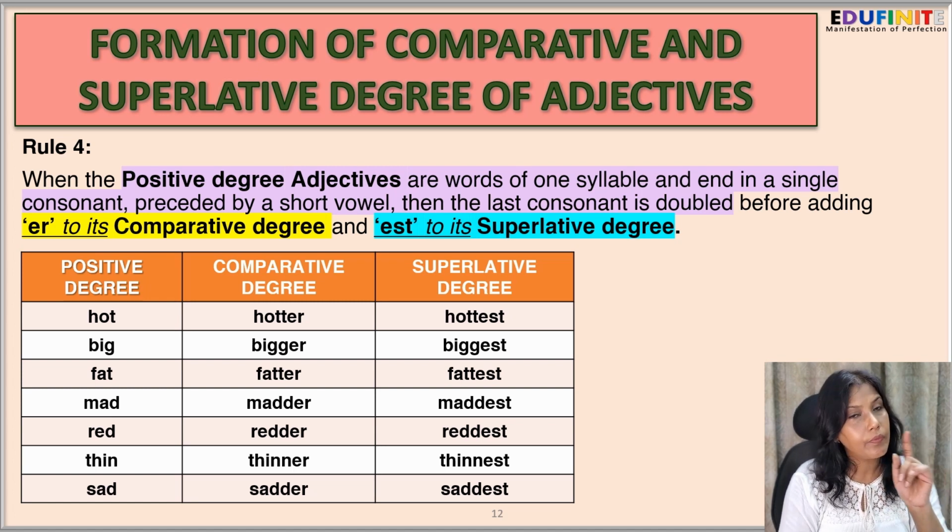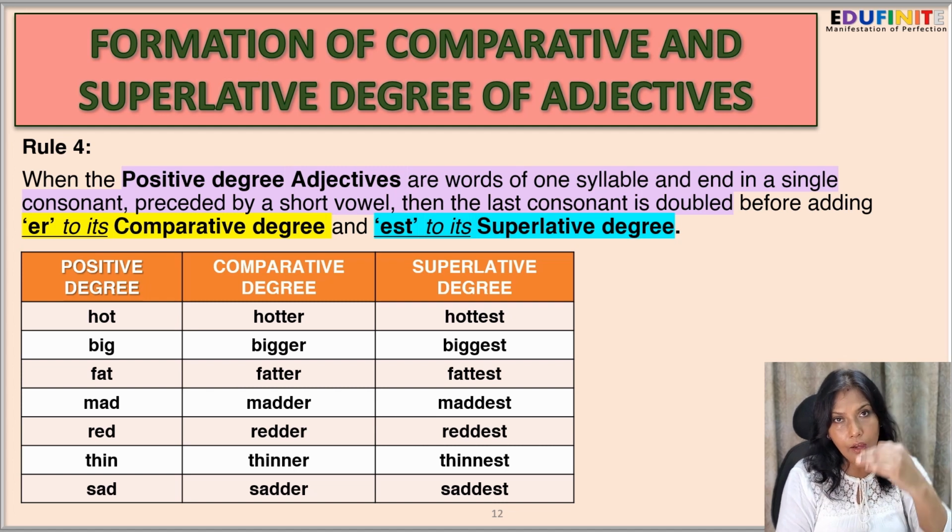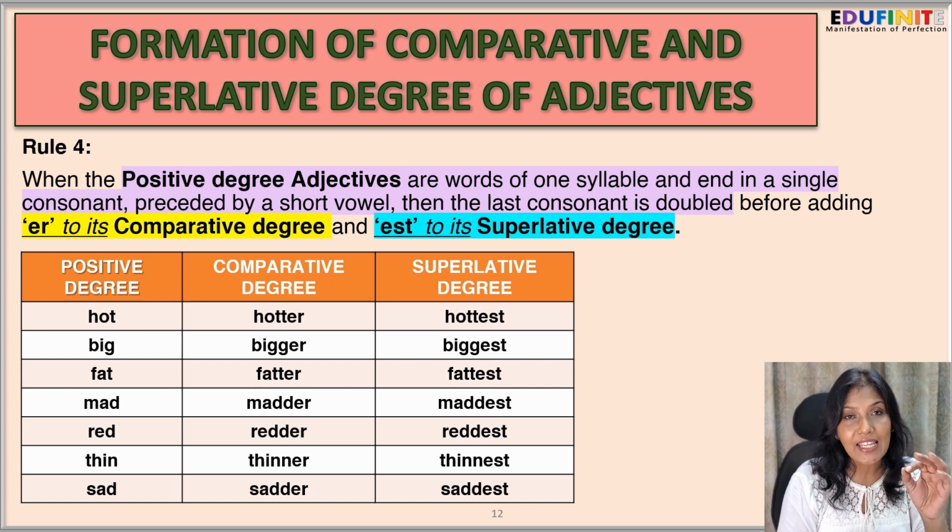Similarly, big ends with G and just before it is the vowel I. So G will become double. So for comparative degree, it will become bigger, B-I-G-G-E-R. And for superlative degree, it will become biggest, B-I-G-G-E-S-T. Similarly, all will follow. Fat becomes fatter and fattest. Mad becomes madder, maddest. Red becomes redder, reddest.